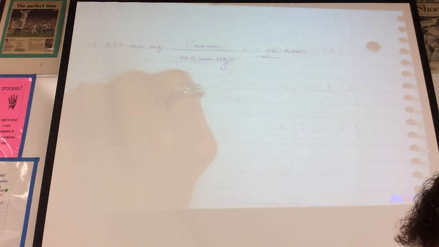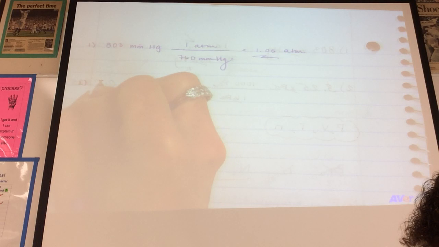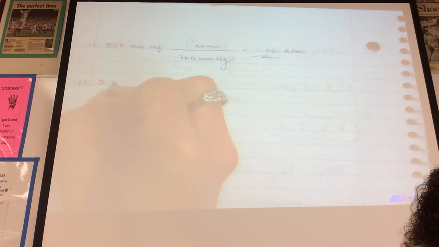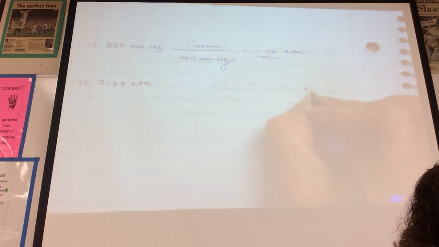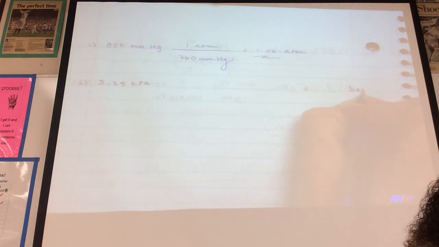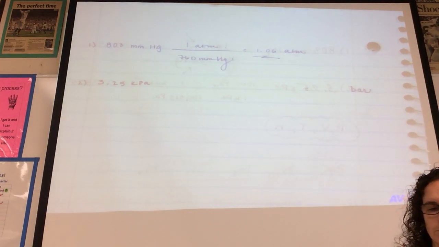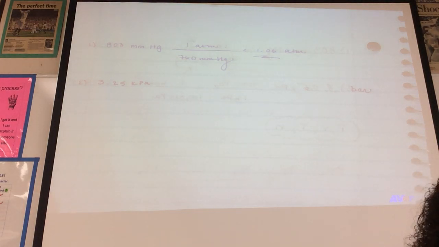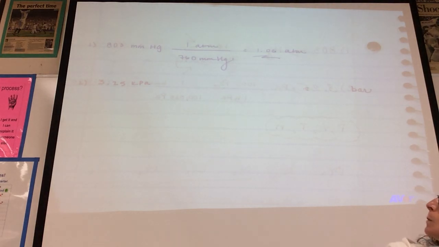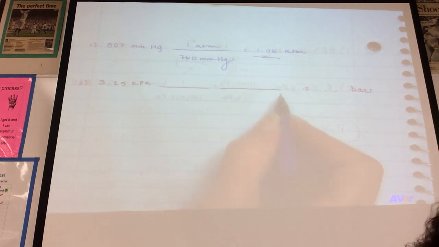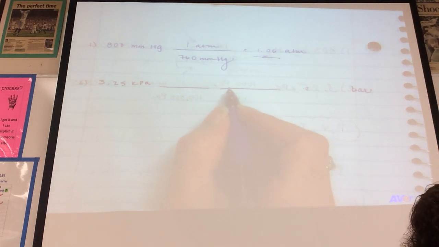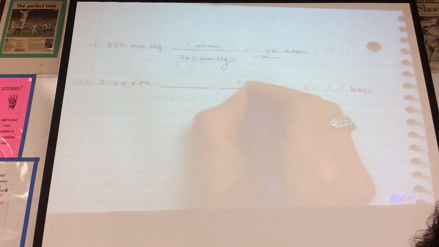The second problem is equally as easy. You are very skilled in these types of conversions. 3.25 kPa, and you want to know bars. What do we do? So 1 bar is 100,000 pascals.